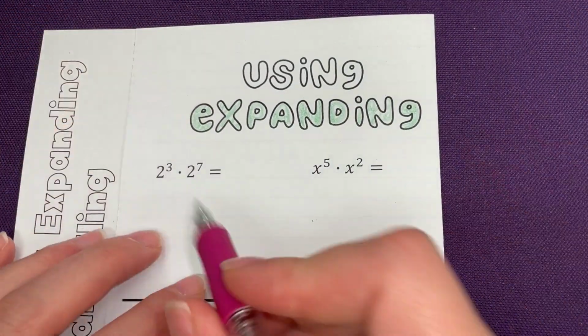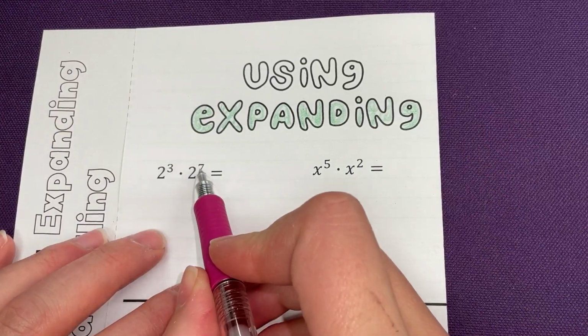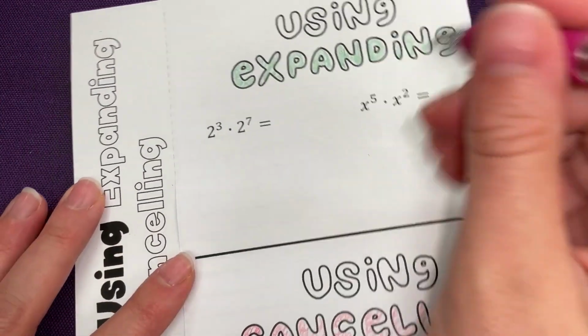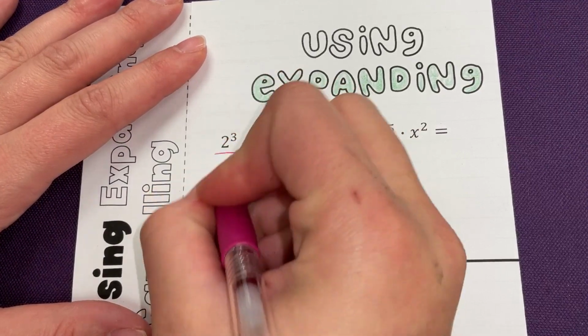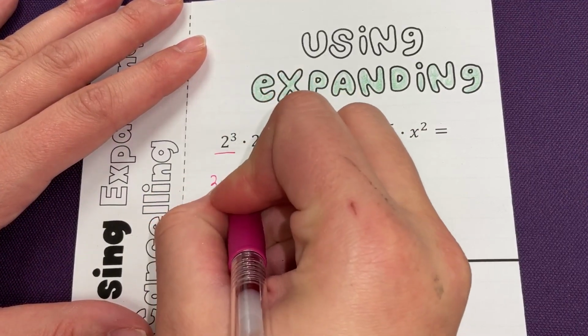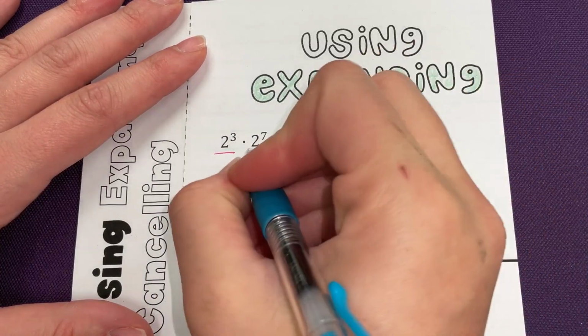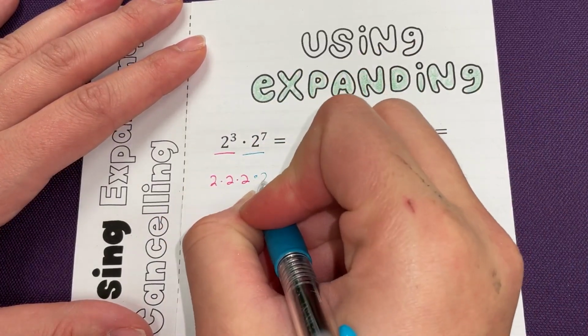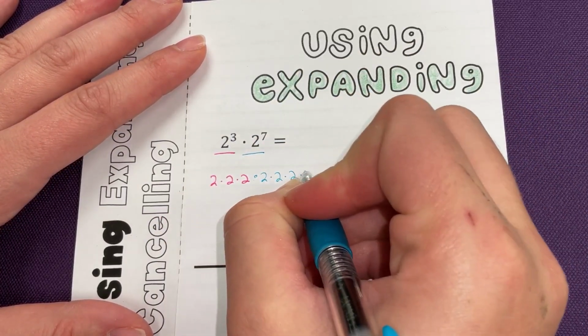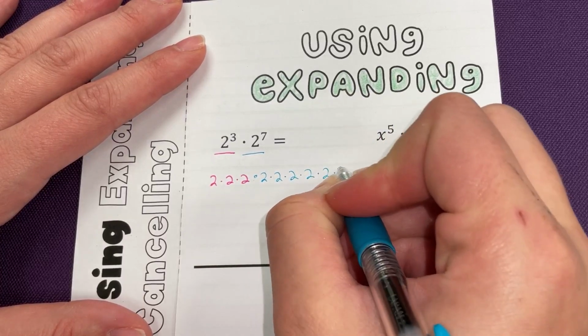Okay, so we have 2 to the 3rd times 2 to the 7th. What that means is this 2 to the 3rd means we have 2 three times being multiplied. 2 to the 7th means we have 2 seven times being multiplied.